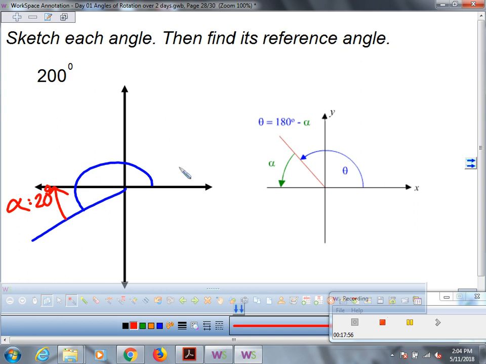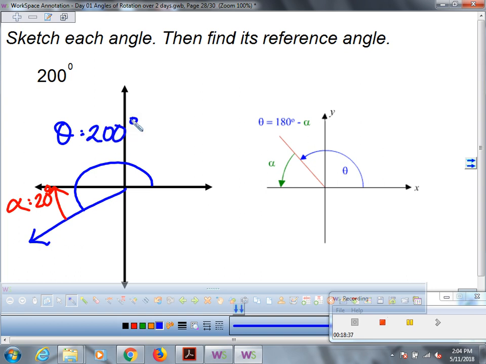What if it's 90? Then 90 is my reference angle. You still have to get back to the x-axis. If it's right in the middle, then you know it's a 45. So this angle here is theta, and theta was 200.